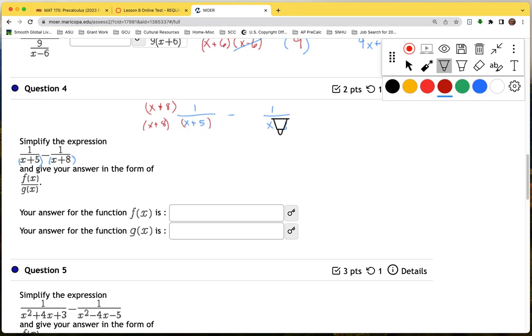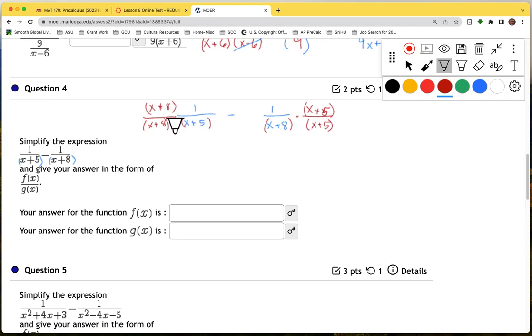Okay, and the second one, we're going to multiply by x plus 5. X plus 5 in the top. And notice x plus 5 divided by x plus 5 is 1, so we are just multiplying by the number 1, which doesn't change a number. Over here, x plus 8 over x plus 8, that's also 1, so we're not going to change anything.